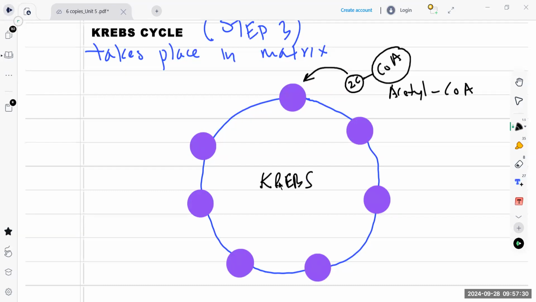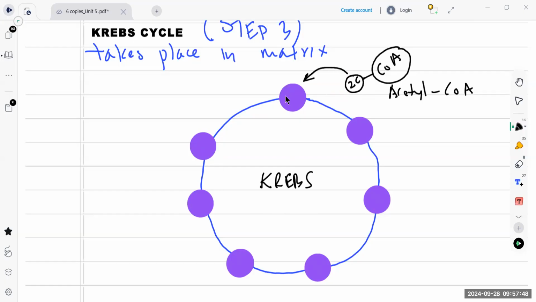The cycle is named after the people who discovered it, Hans Krebs and his colleague. So the 2-carbon acetate group is donated to the Krebs cycle.